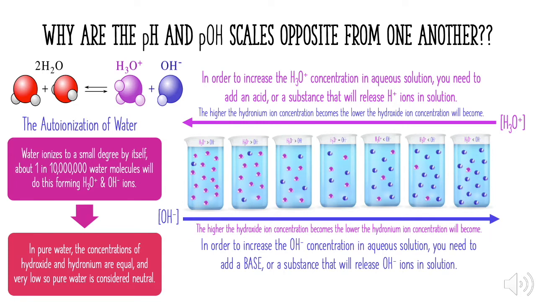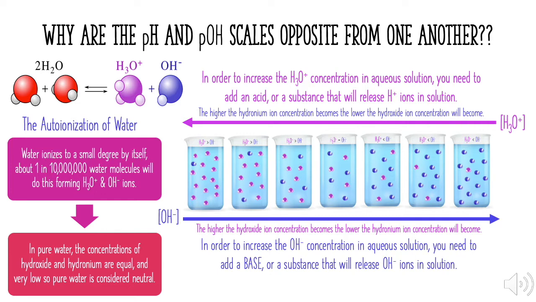All right, why are the pH and pOH scales opposite from one another? To start answering this question, I'm going to first talk about the autoionization of water. And what this means is that to a small degree, water molecules in a pure sample of water are going to self-ionize, meaning they're going to split into hydrogen ions and hydroxide ions.